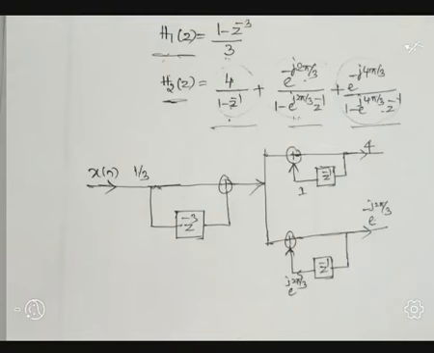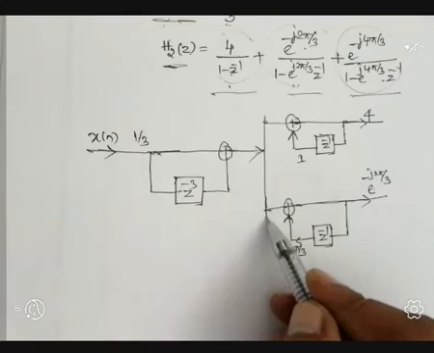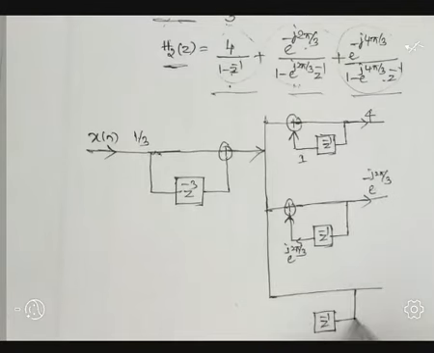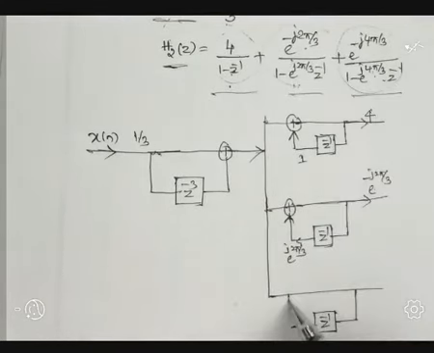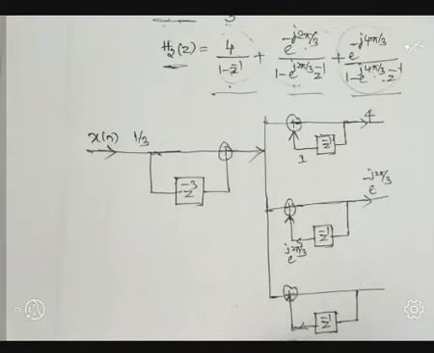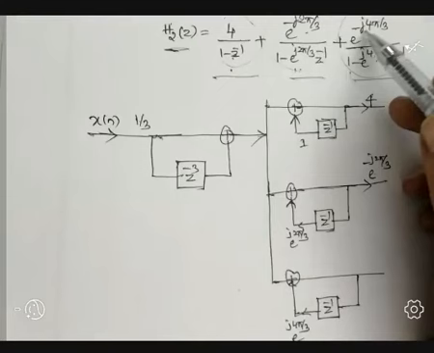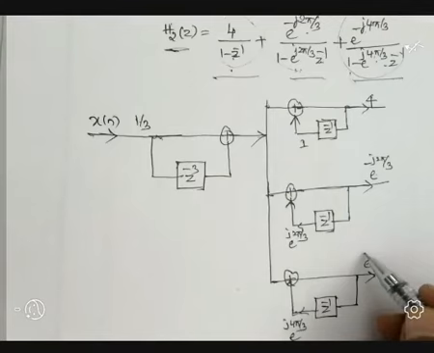Last one, one time delay and multiplied by what? E to the power j 4 pi by 3, and the entire term is multiplied by e to the power minus j 4 pi by 3.